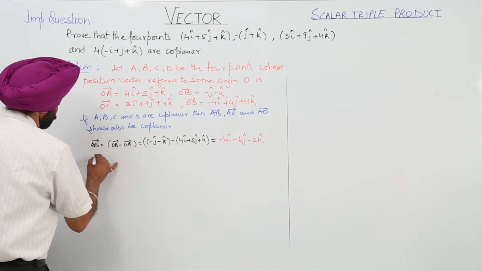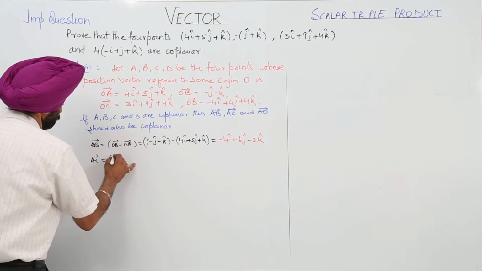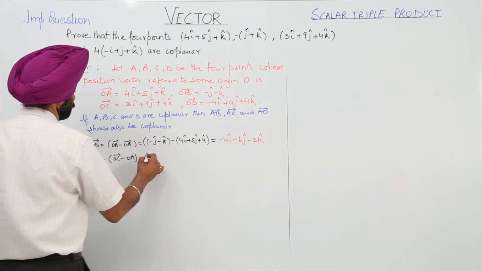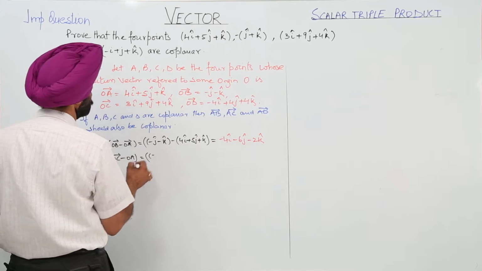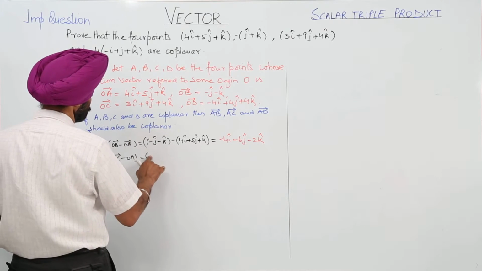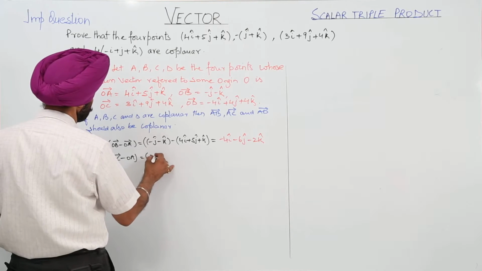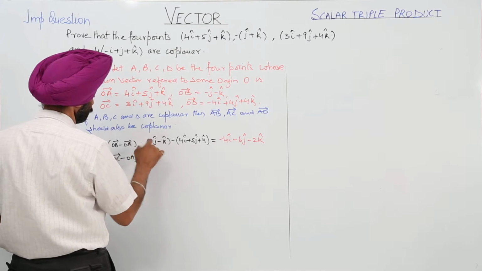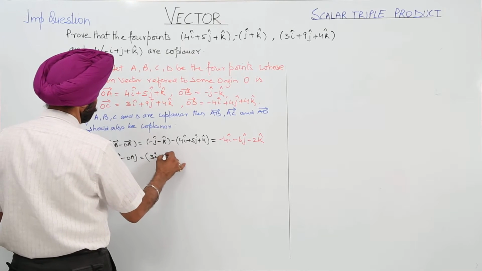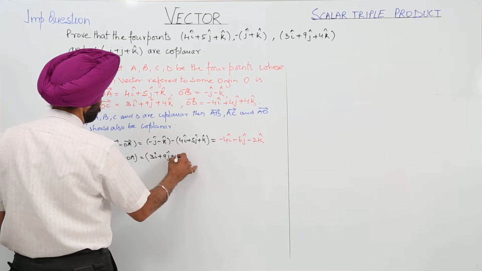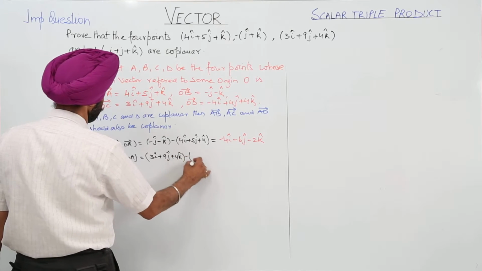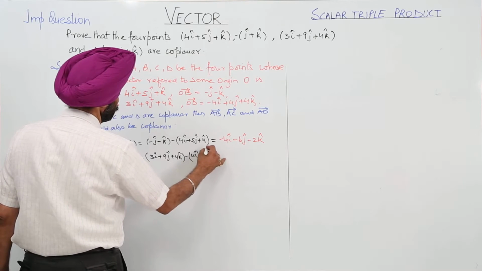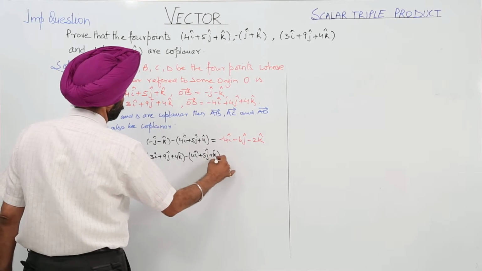AC, position vector of C minus position vector of A. Now vector C is 3 i cap plus 9 j cap plus 4 k cap minus 4 i cap plus 5 j cap plus k cap.